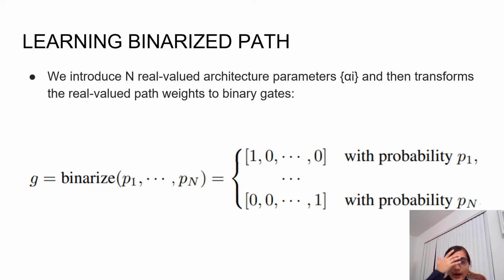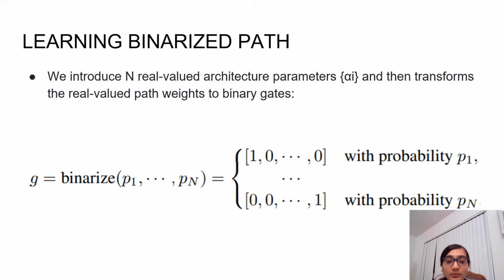So when you have n real value architecture path parameters, you have to transform them into binary gates. So you use the function g, which is equal to binarize p1 to pn. Binarize is either 0 or 1 based on its probability.